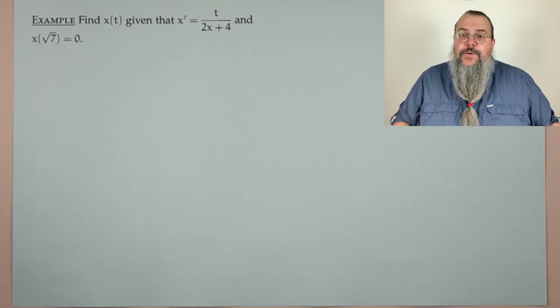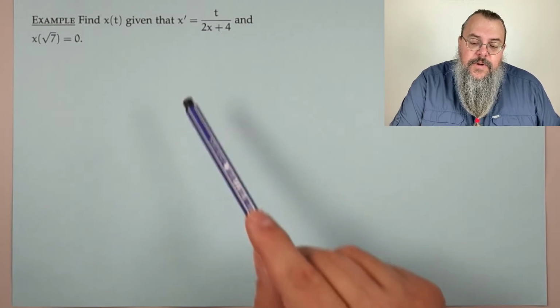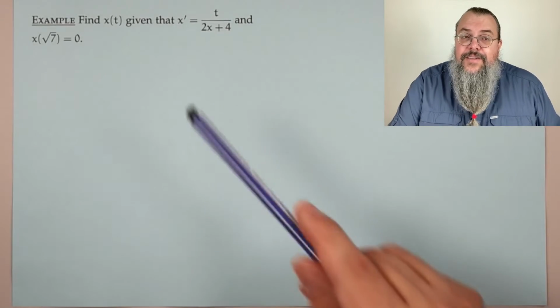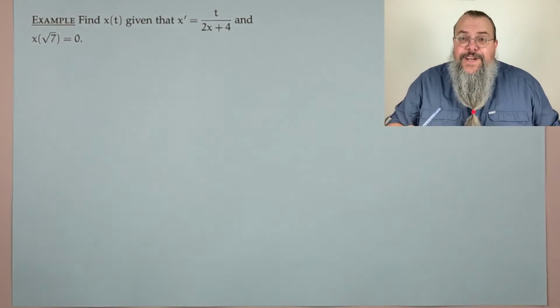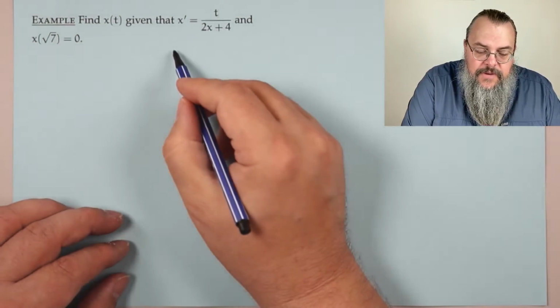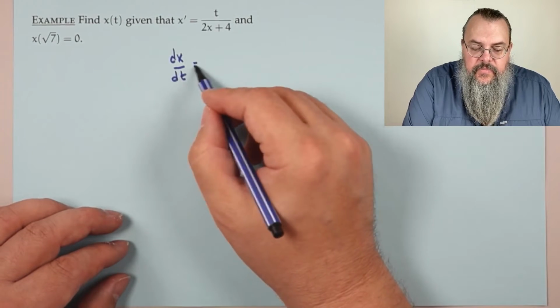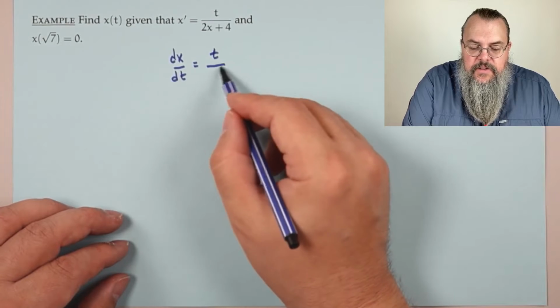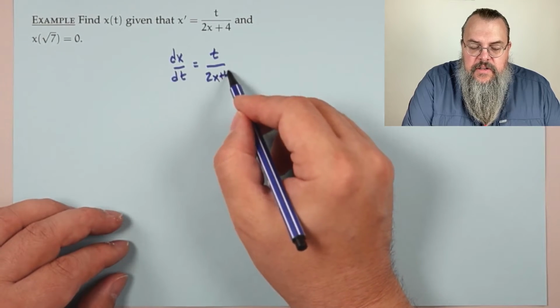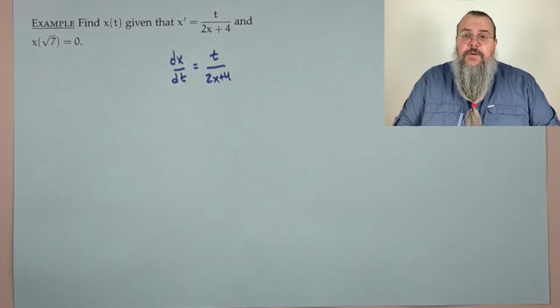All right, so where to begin? Well, notice it's not y and x, it's x and t. No problem, right? So we think of x prime as dx dt is t over 2x plus 4. And in this case, the separation is actually pretty straightforward.